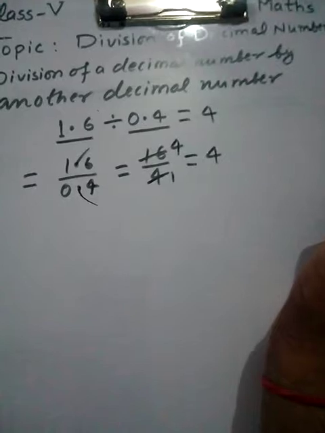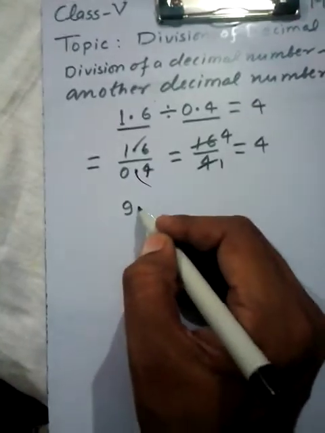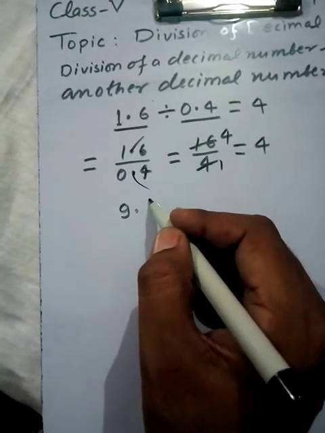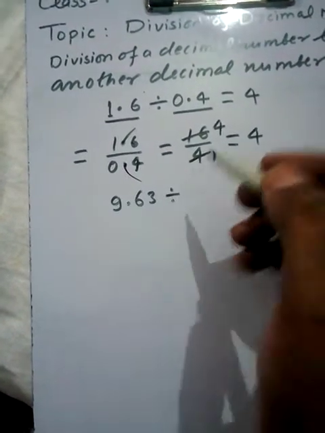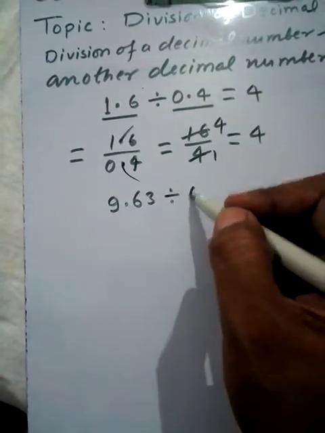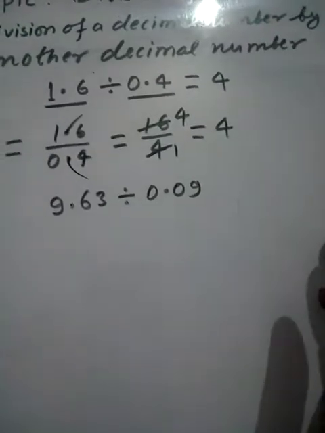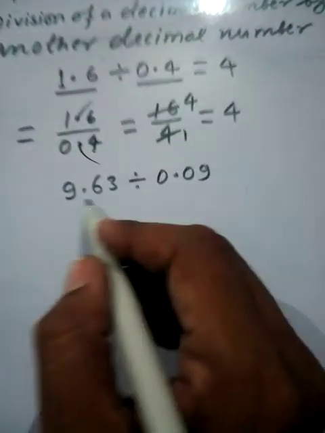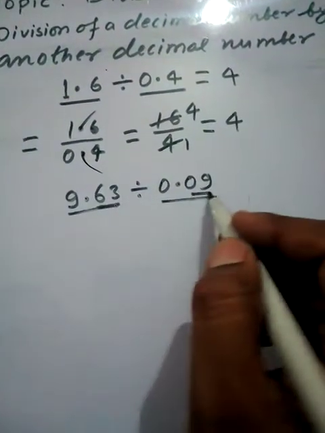Next, take another example. 9.63 divided by 0.09. Here also you can see these two numbers are decimal numbers, and these are also like decimals.